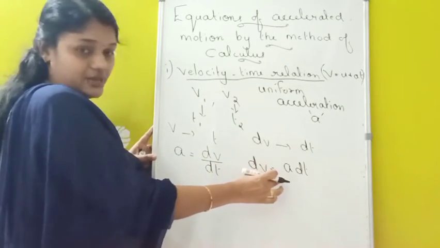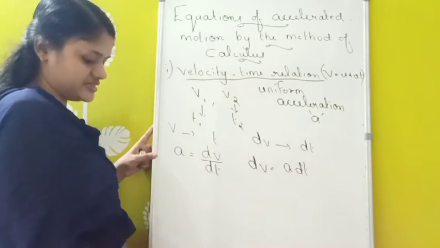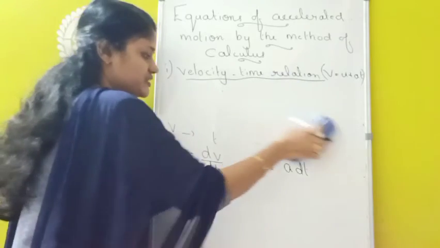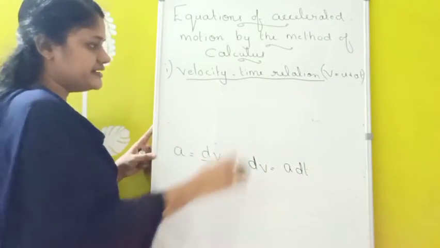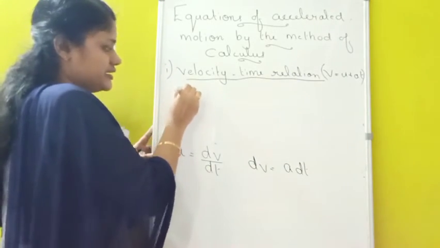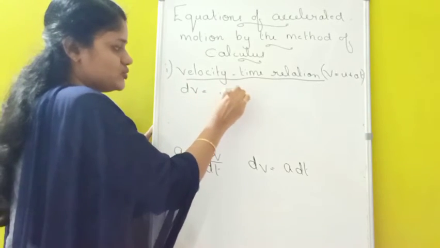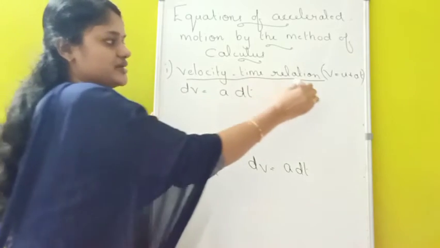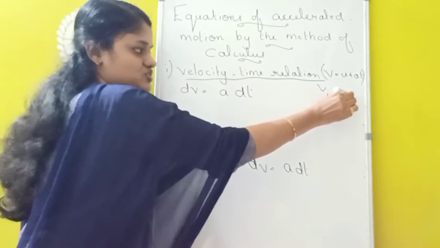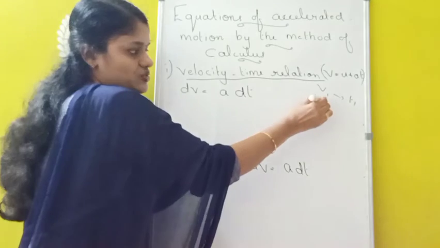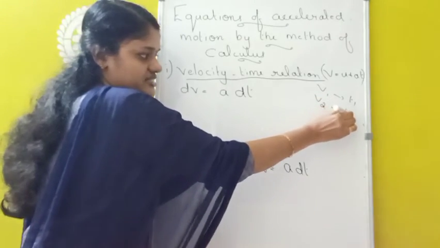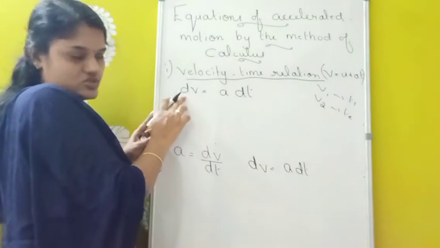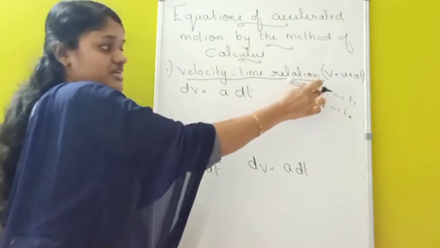Now I am integrating both sides. So we have the formula dv equals a dt, and I am integrating from v1, the velocity at time t1, to v2, the velocity at time t2. Here the changing variable is velocity, so velocity changes from v1 to v2.